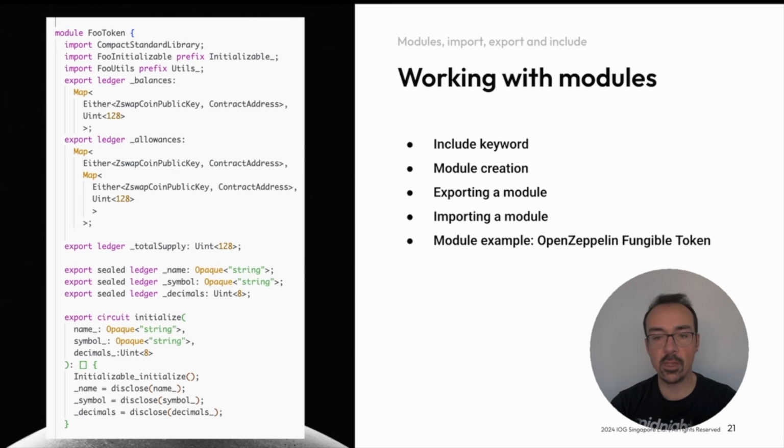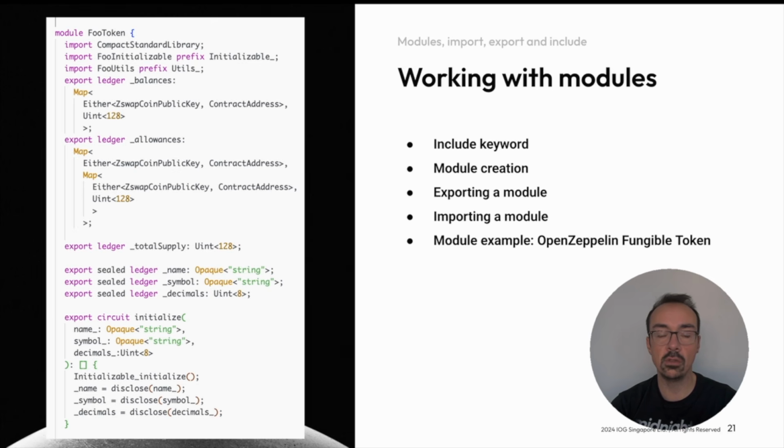It's also possible to export ledger values from the module. It's not possible to use a constructor inside the module, but you can declare ledger values inside the module and export them. So you see that's what is done here by, for example, the map allowances or the total supply, and then you can export circuits from the module.